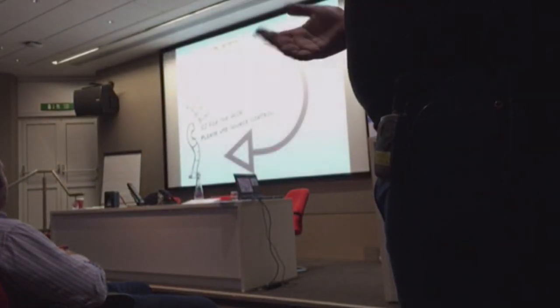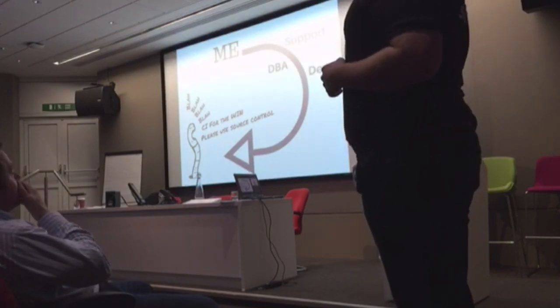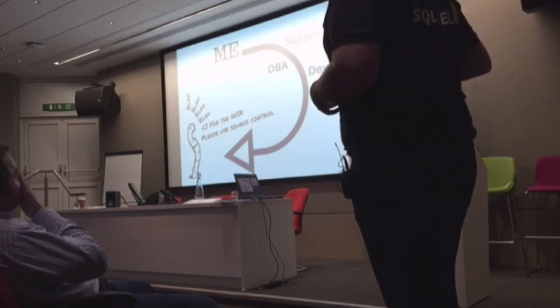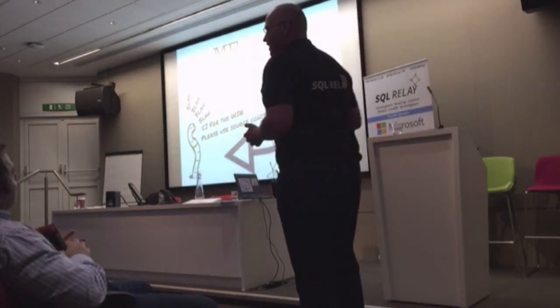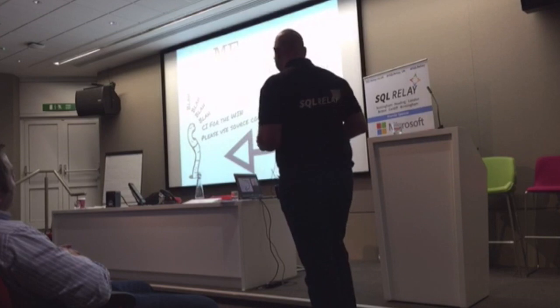Let's start using the tools out there, because we've got this tool SSDT. It's a great tool. It doesn't cost any money, and we can build a complete CI pipeline. It's about having the mindset of asking what tools we've got available, and using them rather than sticking with what we've got today.